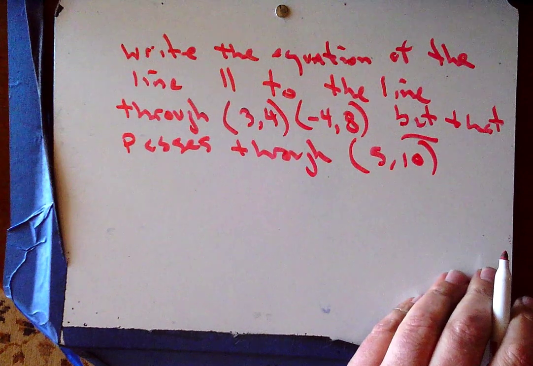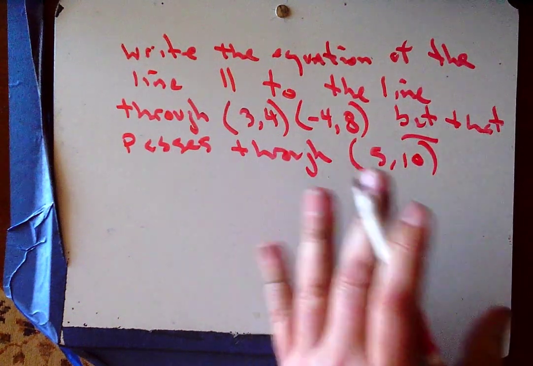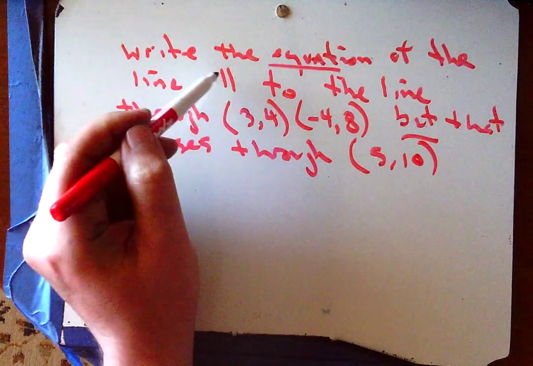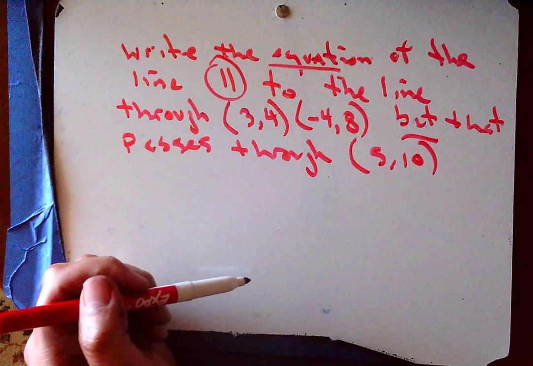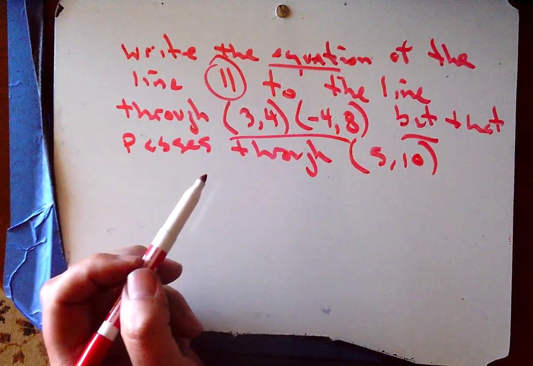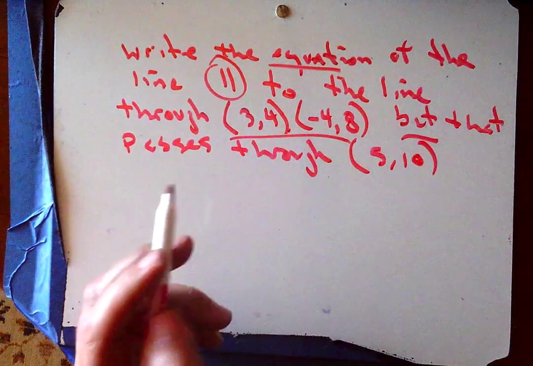Okay, so when I think about this, there's a lot of words. I have to write the equation of a line. That line should be parallel to some other line. Which other line? The line through these 2 points. So let's start by writing the equation of a line through these 2 points.